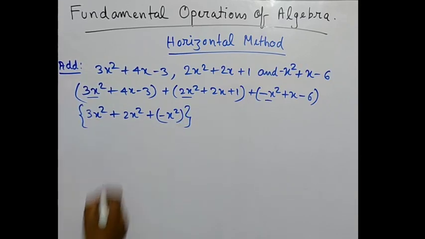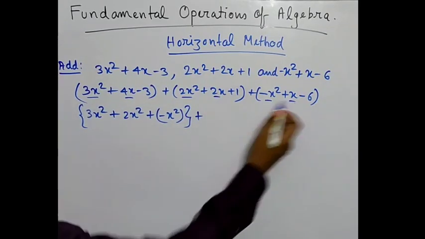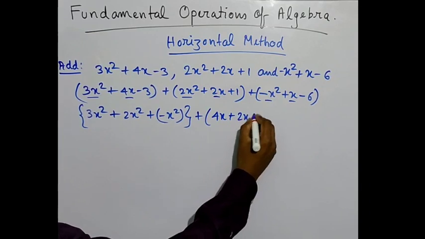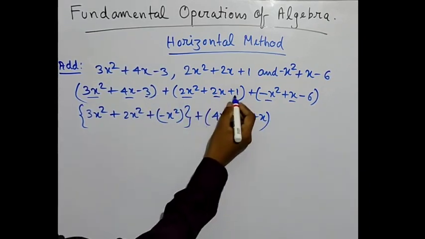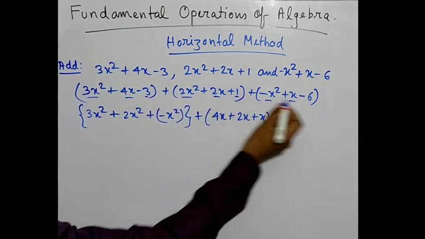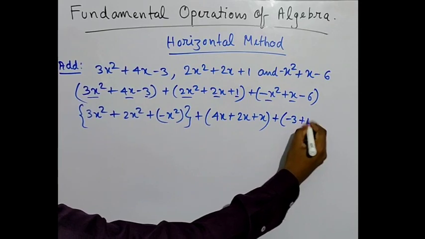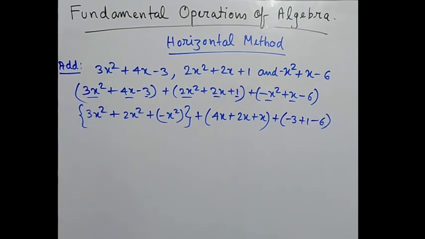Then we can group 4x, 2x and x. So 4x plus 2x plus x. Then we have the constant terms 3, negative 3, 1, negative 6. So negative 3 plus 1 minus 6.